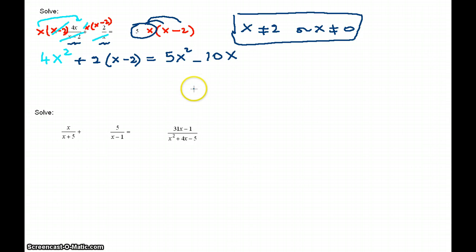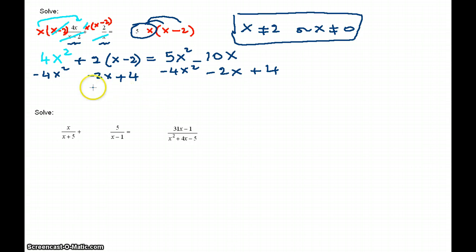Okay, here we're going to try to move everything to the right-hand side. If you subtract 4x squared, also here you have 2x, so let's subtract 2x, and we have a minus 4, let's add 4. All I'm doing here is moving everything to the right.